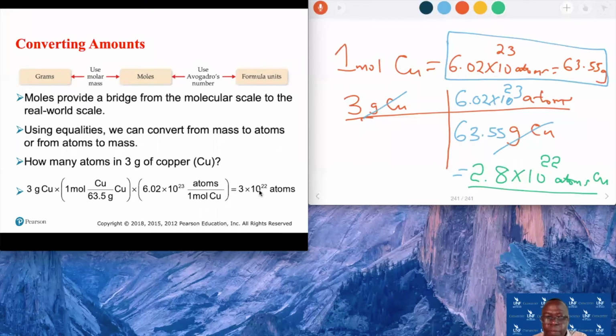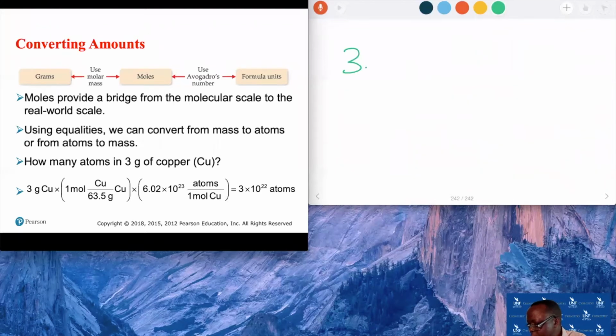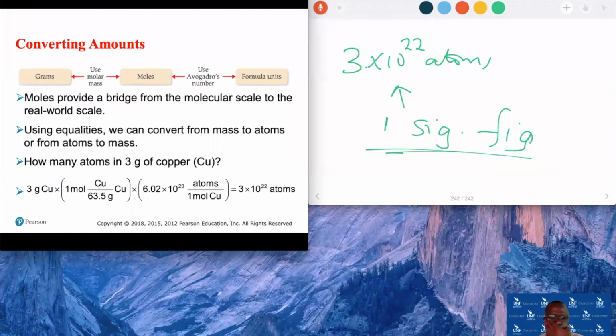For one significant figure, the answer is 3 times 10 raised to 22 atoms.